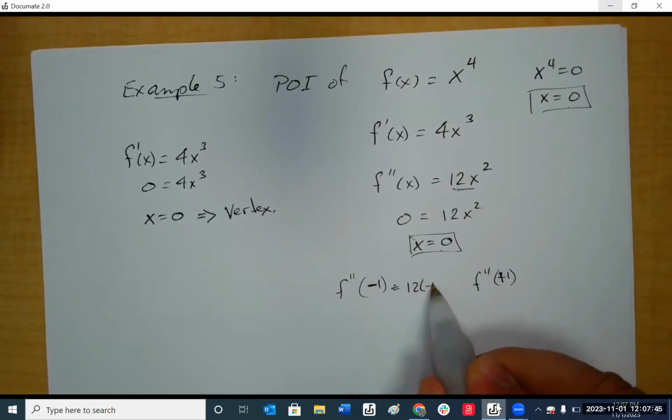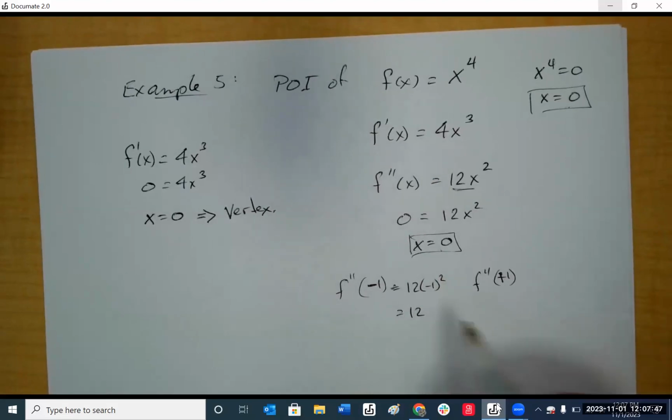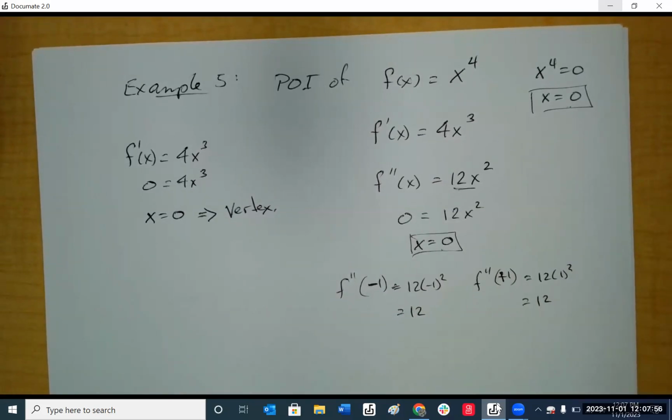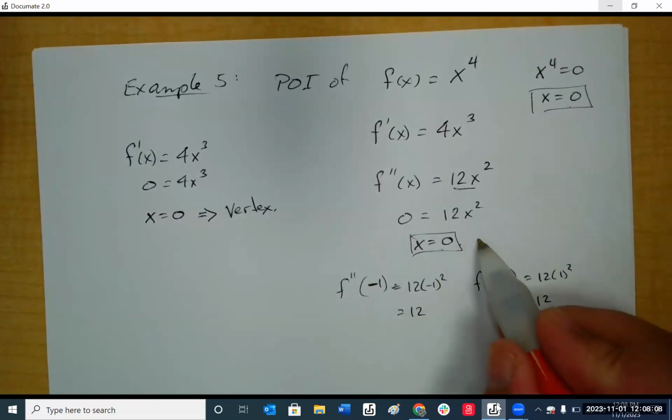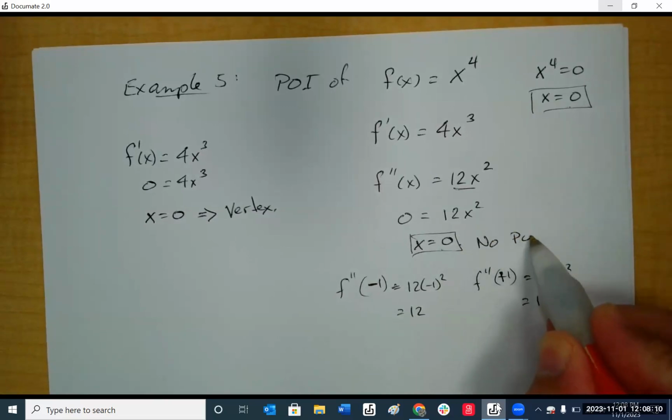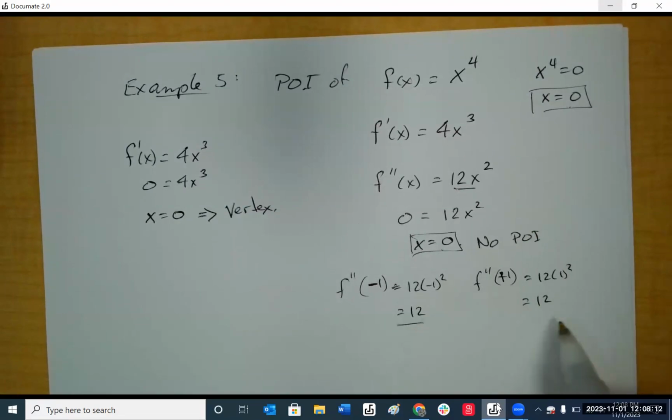So we have 12 times -1 squared, which is 12. 12 times +1 squared, which is 12. So we really can't have a point of inflection, because it's concave up everywhere.